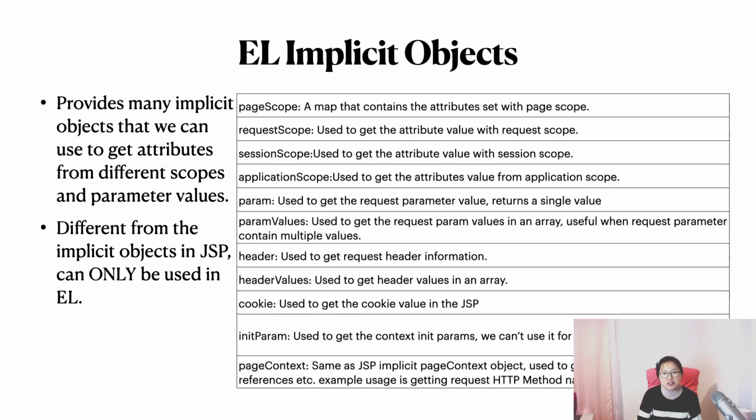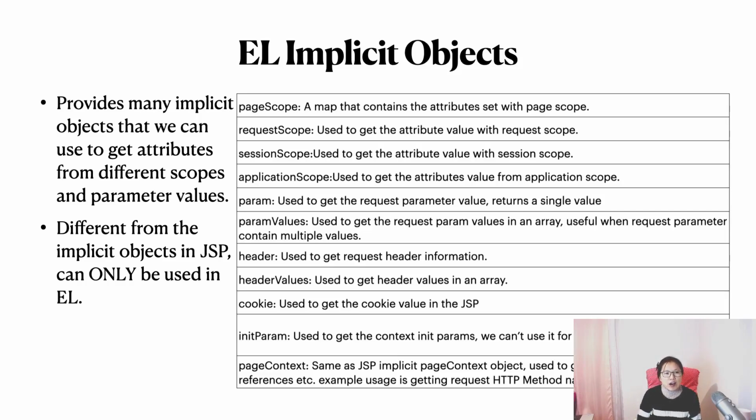You cannot directly use them inside a scriptlet or inside the JSP expression. They are only available in EL expressions, which means the dollar sign and the brace. They are only available inside the ${} brace.